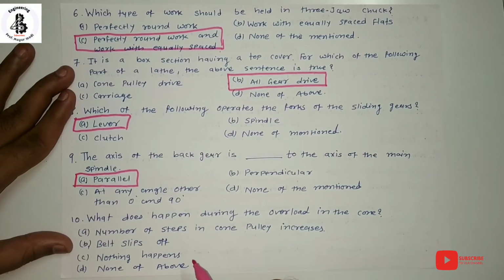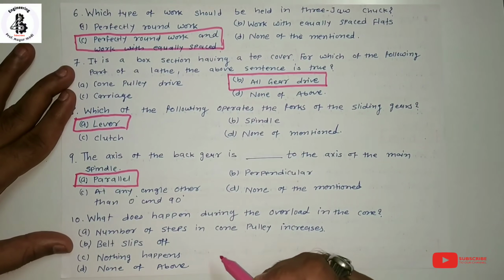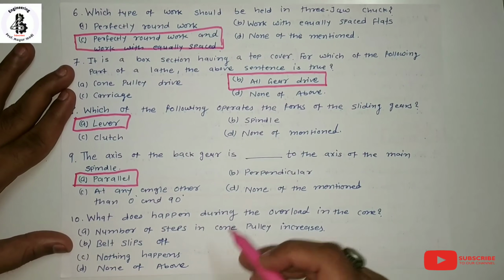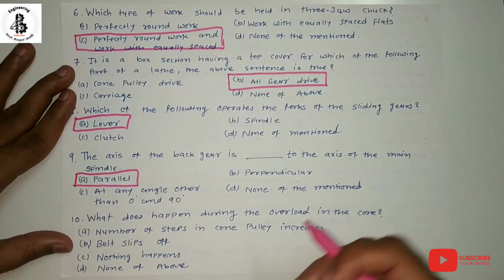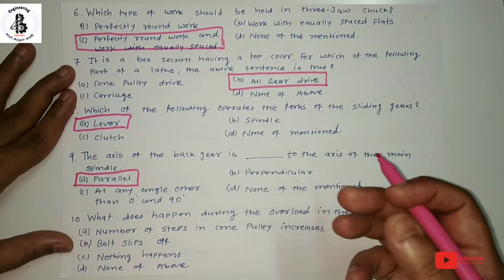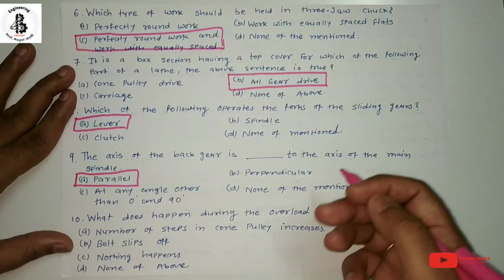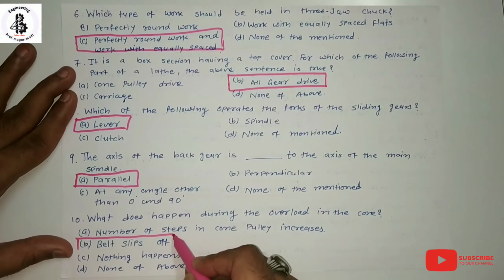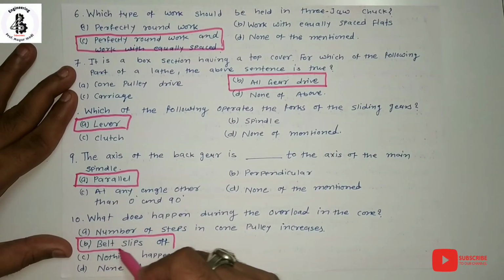Basically, the belt slips off during overload in the cone pulley. If there are overloading conditions on lathe machines, the belt in the belt drive mechanism will slip off. So according to this question, the answer is B, belt slips off.